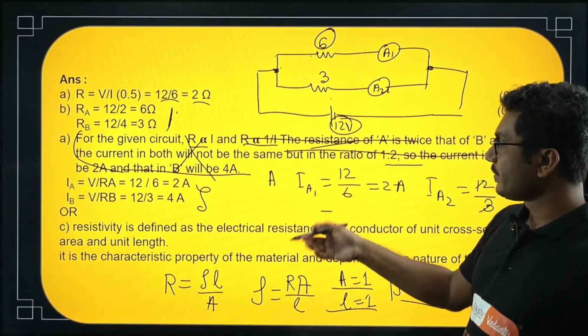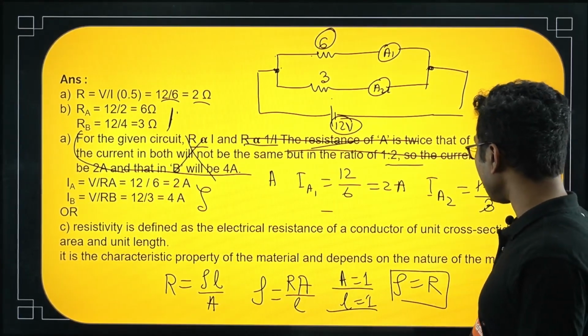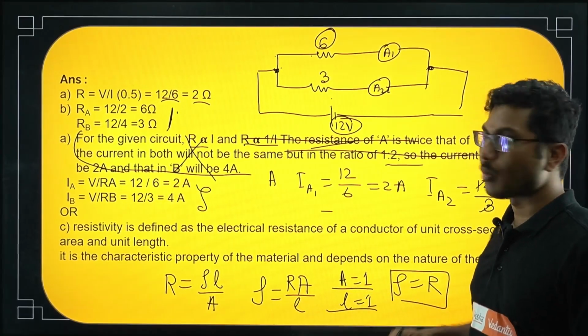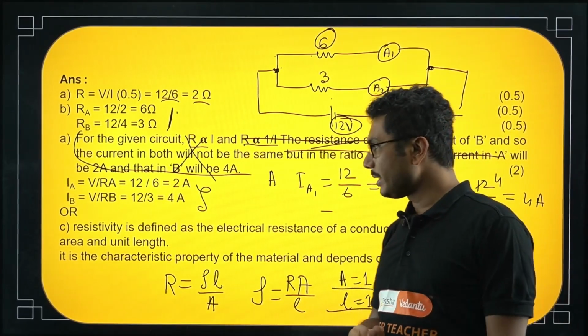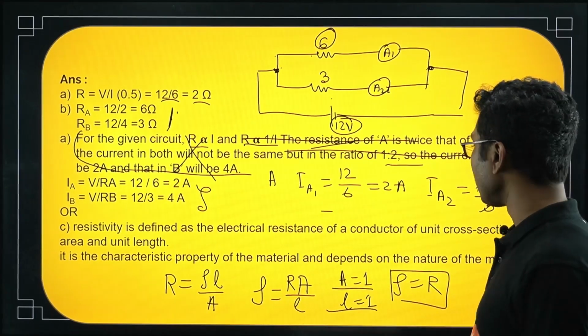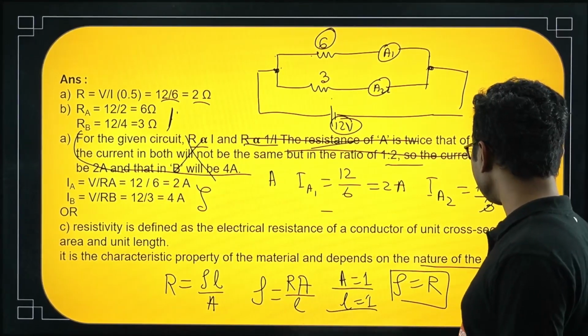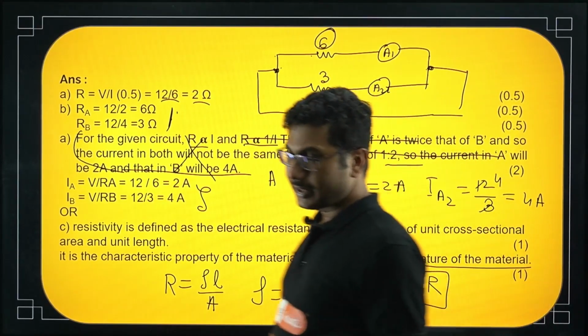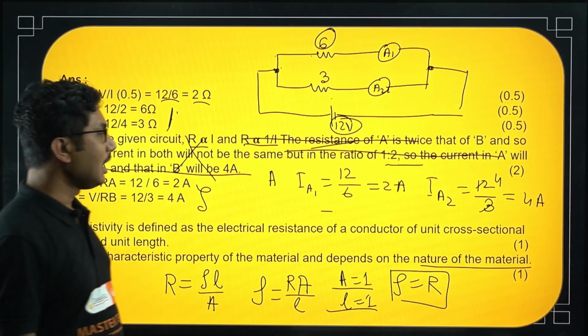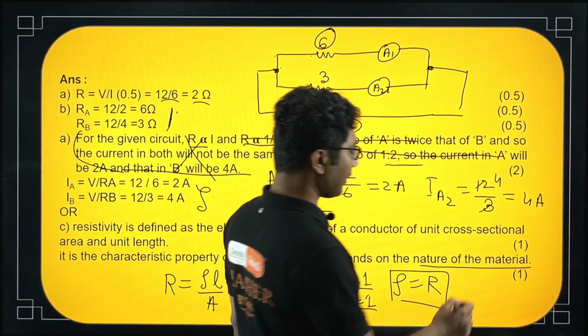Okay, so resistivity is defined as the electrical resistance of a conductor of unit cross-sectional area and unit length. Unit means 1, right? Now it is the characteristic property of the material and depends on the nature of the material. So resistivity does not depend on length or area of the material. It depends on the nature of the material and temperature.